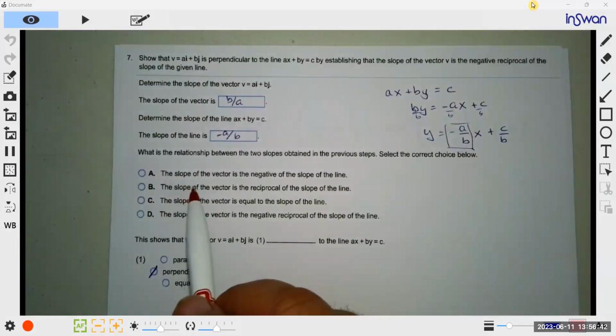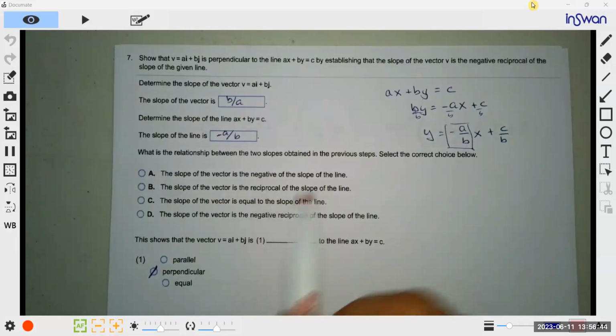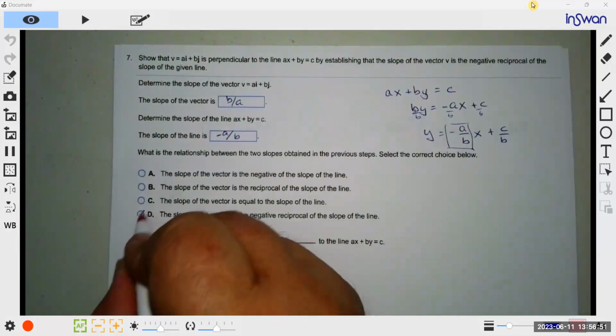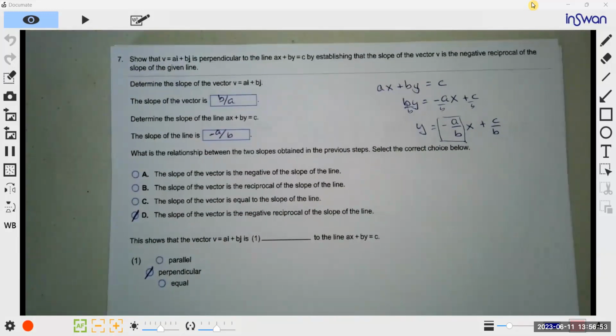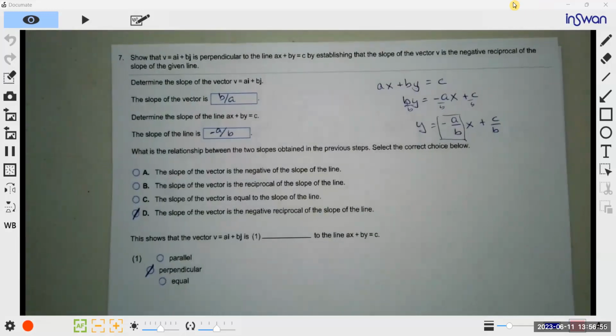The slope of the vector is the negative reciprocal of the slope of the line by definition. Right. That does it for that section.